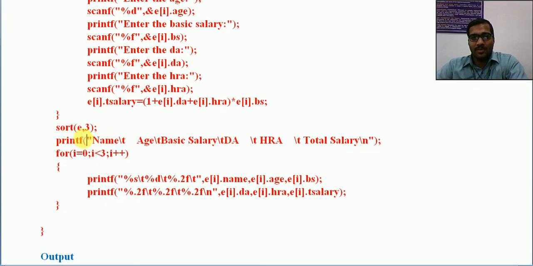While passing itself, it is implicitly clear that e is of type structure. So the first parameter is the structure variable e, and the second one is the number of employees, because based on the number only we can limit the iteration. Three members are there in the structure e, so we are passing these two.